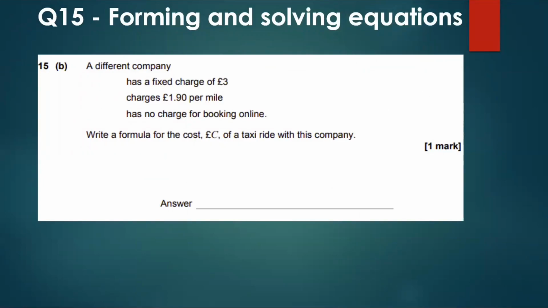So the total cost in pounds is going to be equal to a fixed charge, which is 3, so 3 plus 1.90 times M, where M is the number of miles. There is no charge for booking online, so nothing has to come at the end. So that is the formula.